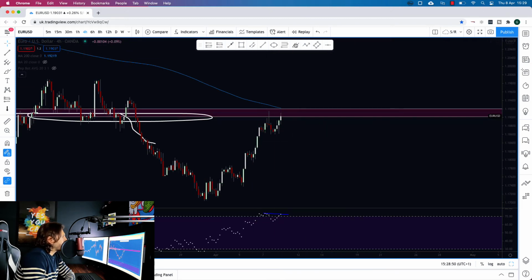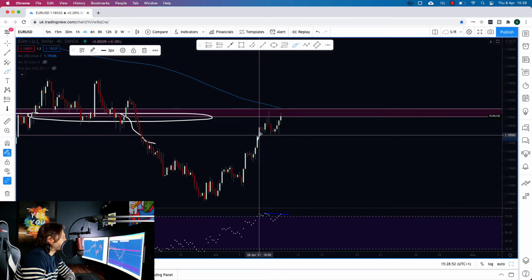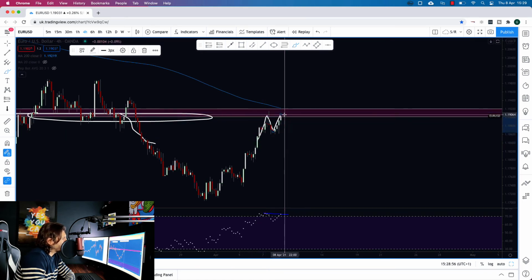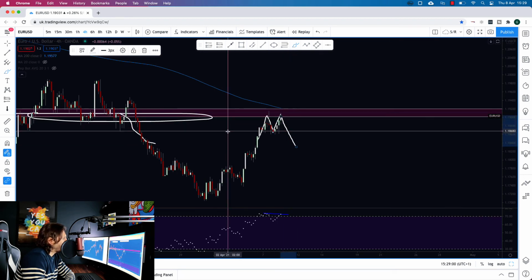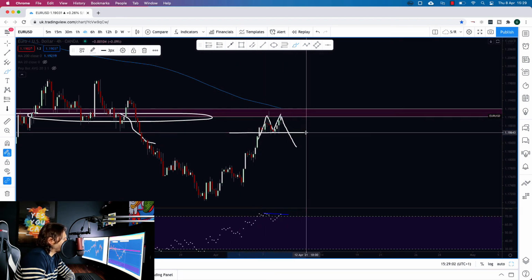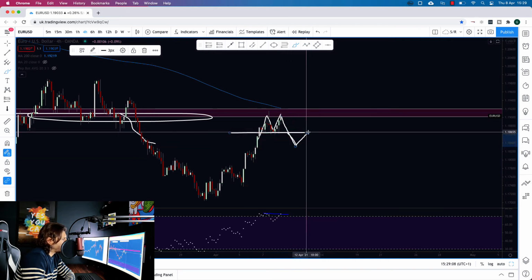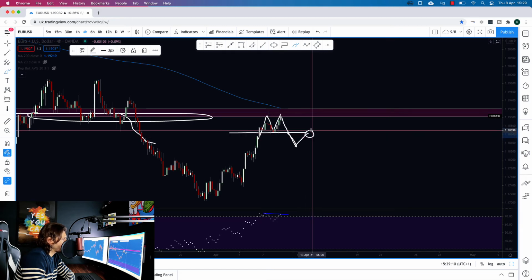Now, another way you could trade this is, again, we've got the double top here. And what you can do, if you're a more conservative trader, is wait for the break of this neckline here. Then you can either trade the breakout, or you can wait for the pullback, then look for another short setup here.